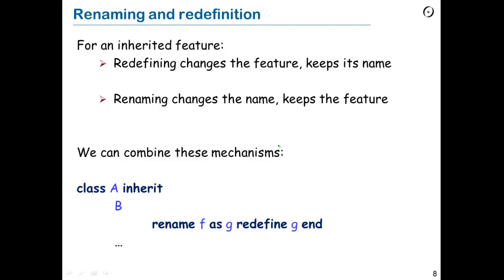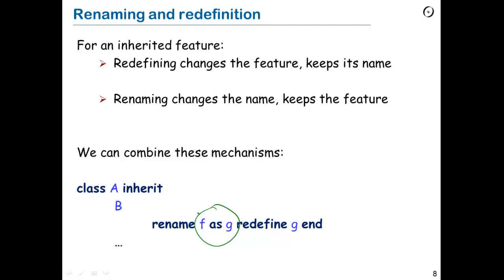Of course, if we want to, we can combine these two mechanisms. So we could, for example, have rename F as G, redefine G, meaning first change the name of F, and then with the resulting feature, redefine it, provide a new effecting, a new implementation of it. That is perfectly possible.